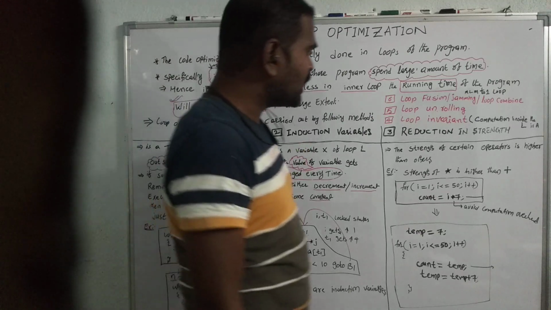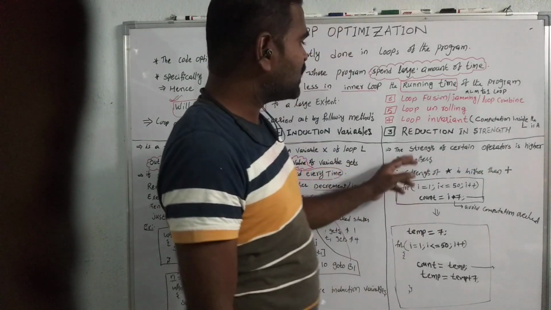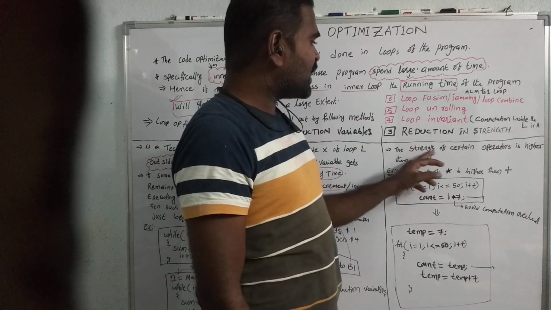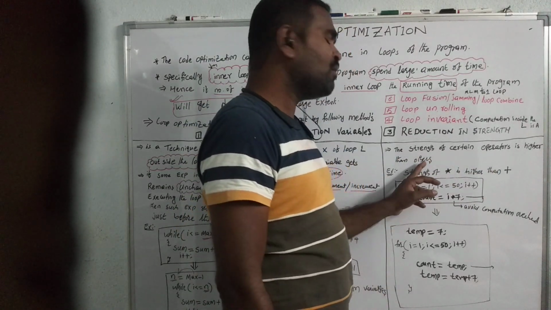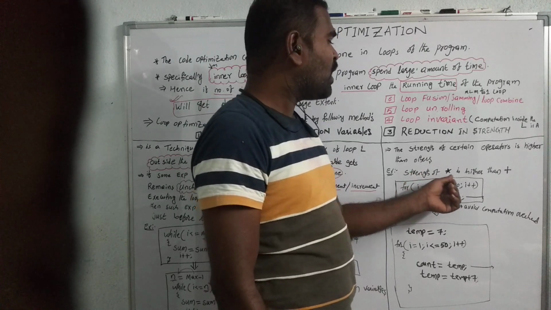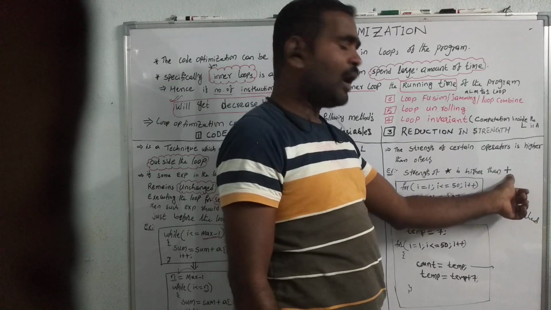The next one is reduction in strength. In reduction in strength, the strength of certain operators is higher than others. The strength of the multiplication operator is higher than the plus operator.